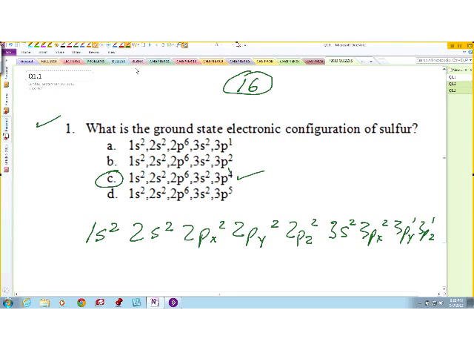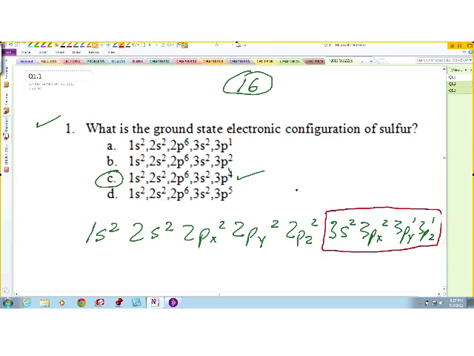So this will be the valence shell of sulfur, in other words, the electronic energy level that contains the valence electrons, and in that shell you have a maximum of 6 electrons. 2 here, plus 2, 4, 5, and 6.